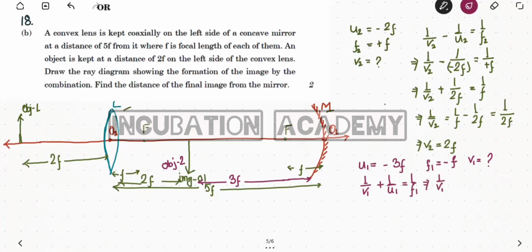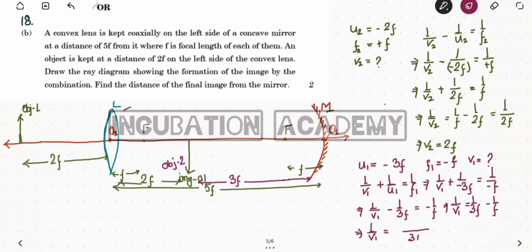I have not put any sign convention here, so v1 will come out with its sign. So 1/v1 plus 1/u1, where u1 is minus 3f, equals 1/f1, which is minus 1/f. So 1/v1 minus 1/3f equals minus 1/f. So 1/v1 equals 1/3f minus 1/f. Taking 3f as the LCM, it is 1 minus 3 over 3f, that is minus 2 over 3f.